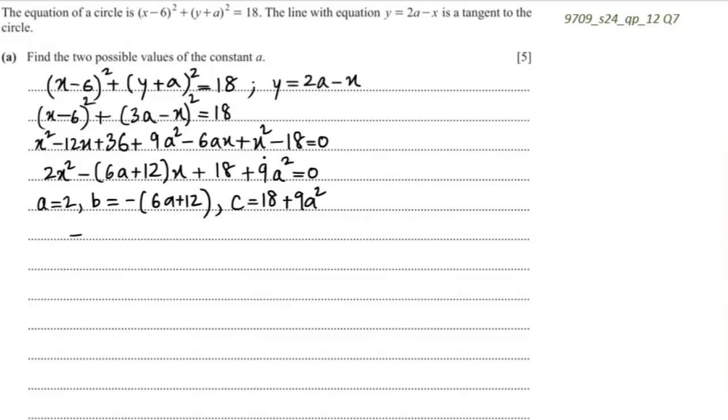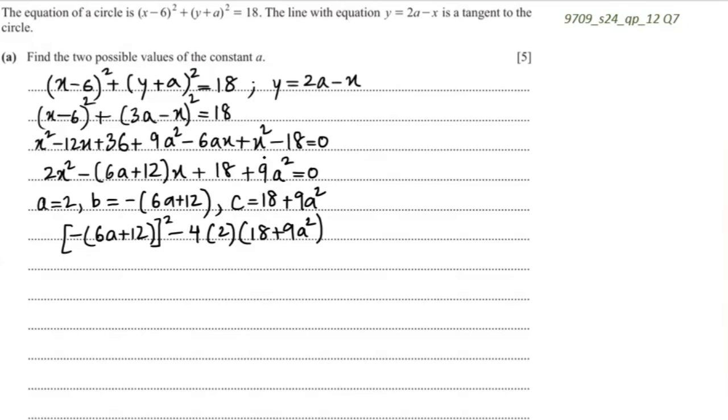Let's apply the discriminant. This is going to be b squared, so (−6a + 12) squared, minus 4 times a times c, 18 plus 9a squared. So this negative goes away, it's just going to be positive.